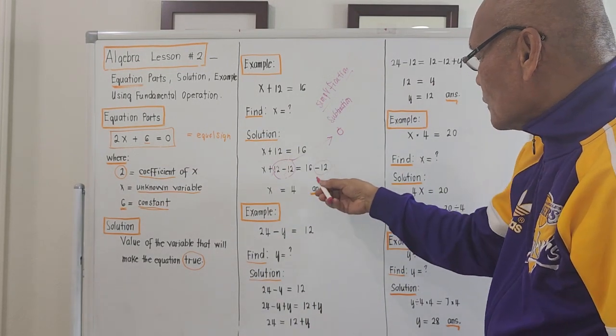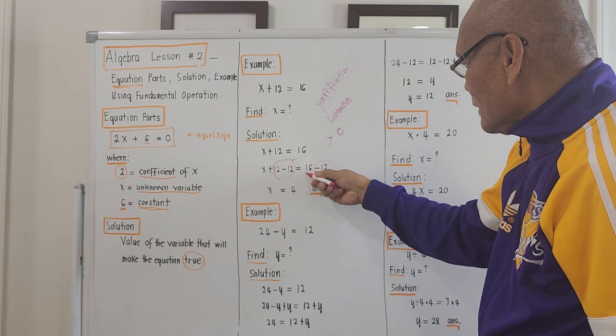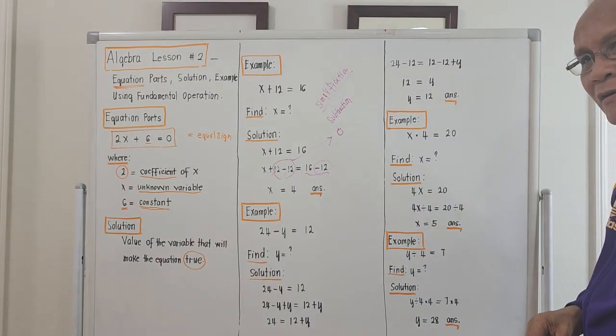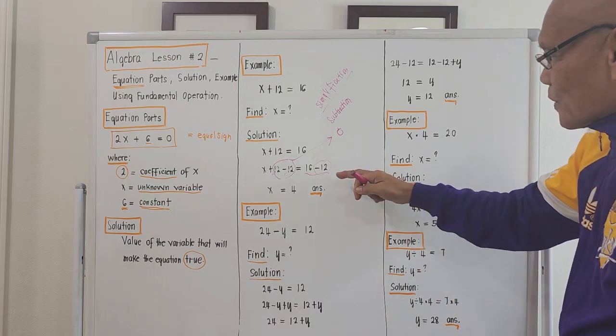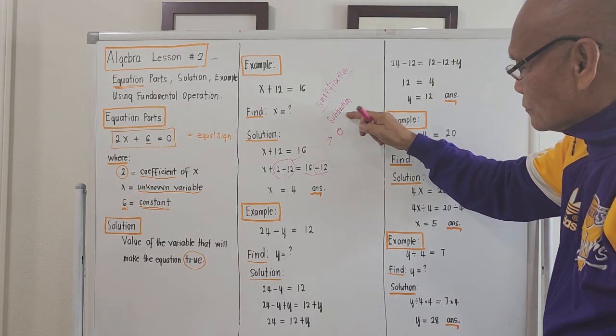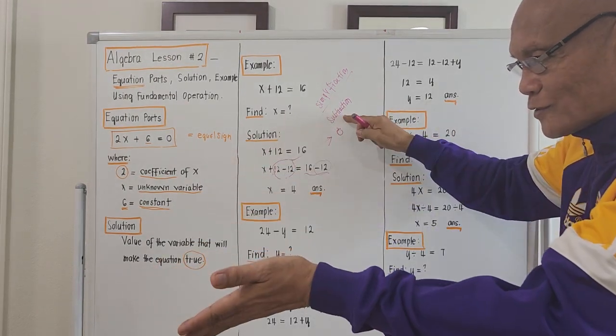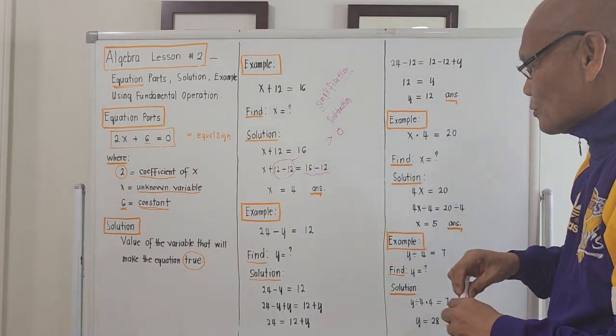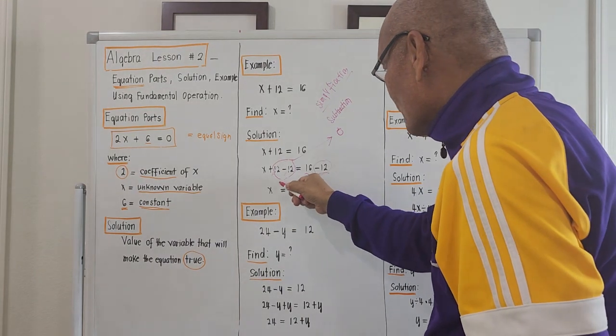Now if we perform the operation on the right hand side, we perform the operation subtraction. That's a fundamental operation, right? So 16 minus 12 is actually 4. So our answer here is x is equal to 4.